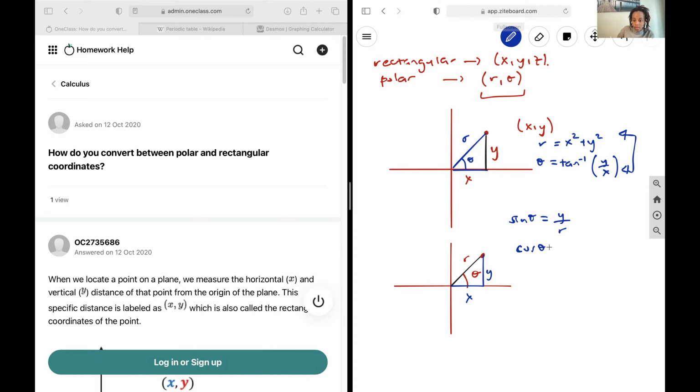And cos of theta would be adjacent over the hypotenuse, and so that's going to be x over r. And so if I wanted to solve for x and y here, and I only have polar coordinates here, then I'm able to do so. So y is going to be r sine theta, and x is going to be r cos theta. And so this is how you convert from polar coordinates to rectangular coordinates, and this is rectangular coordinates to polar coordinates. And that's it for this question.